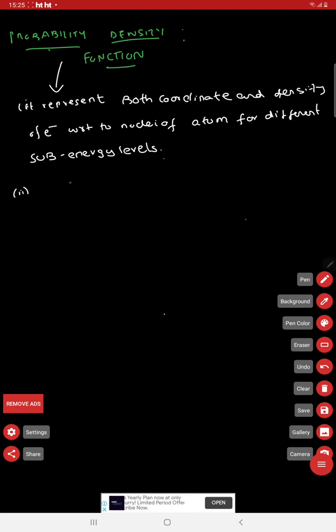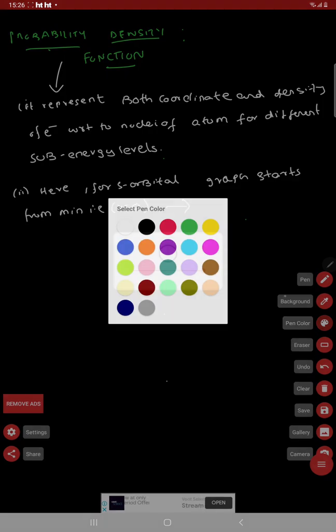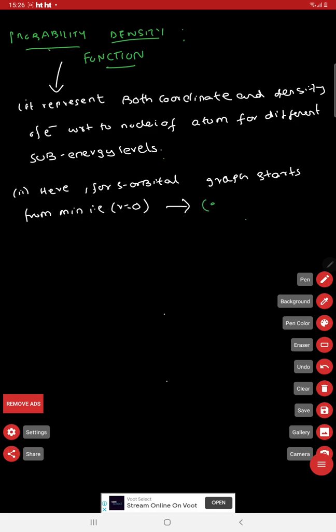And here, for the s orbital, the graph starts from the minimum, that is r equals 0. So this is an exception. This is the major exception here.